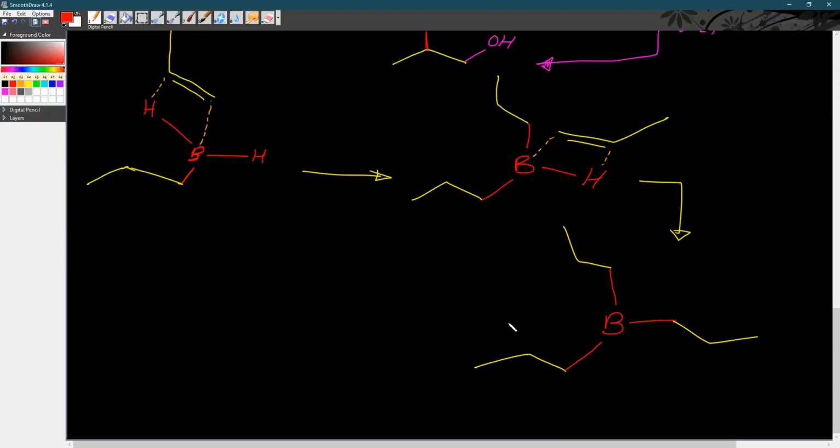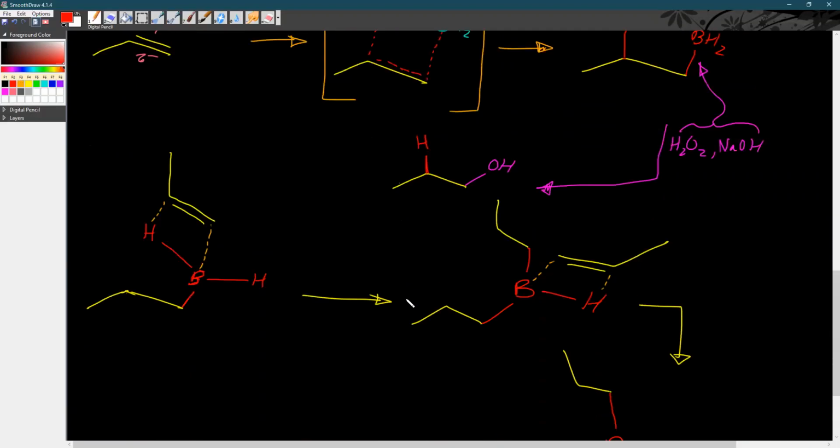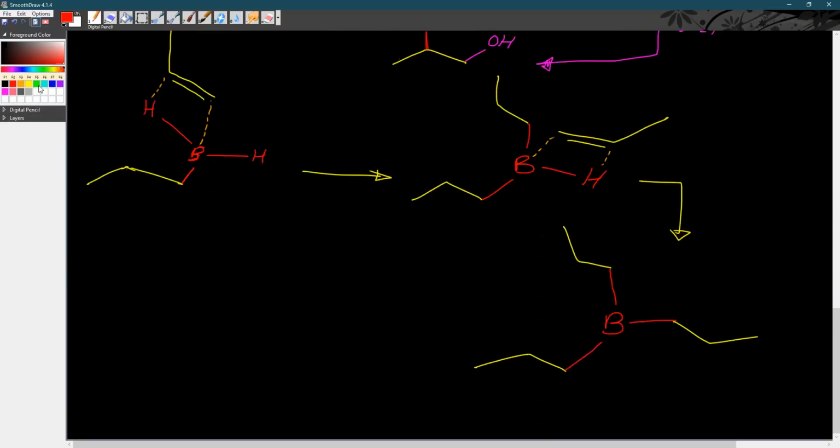Well, it's a 3-to-1 ratio, right? We only need one boron to handle 3 of these alkenes. So if you only do BH3, if you only do the first step, you have to draw the triborane, because we're not giving it any oxygen to work up with. We're not giving it anything to form an alcohol.